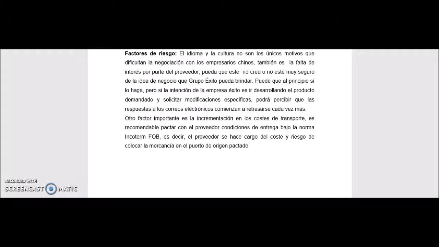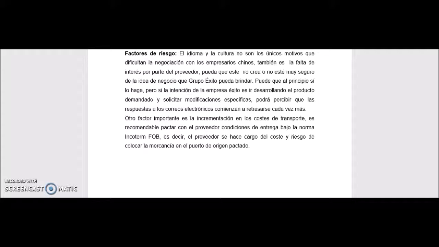And finally, taking into account the different risks that we already analyzed, language and culture are not the only motives that make this negotiation difficult between Chinese and American companies, but it's also the lack of interest from the stakeholder. It might be that the stakeholder does not believe or might not be very sure about the idea that the Éxito group can make this happen.